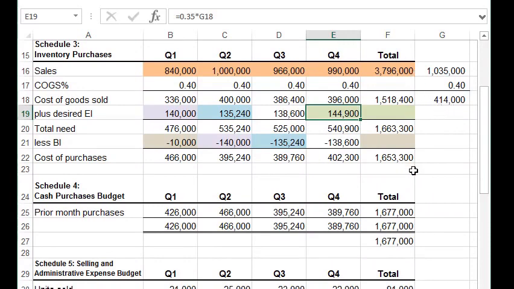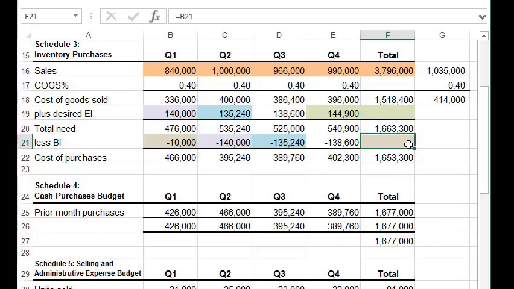Now let's take a look at the total column. This is where you need to pay a little bit of attention. I've added up total cost of goods sold. Think of this again not so much as a total column, but as a budget for the whole year. So if you think of it as a budget for the whole year, what's desired ending inventory at the end of the year? Well, it's the 144,900.